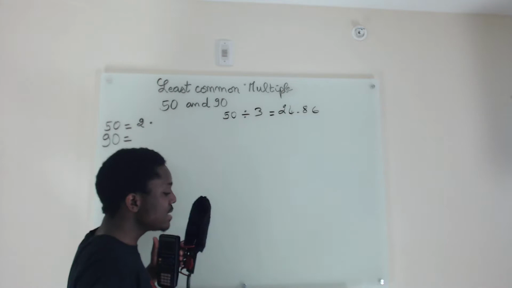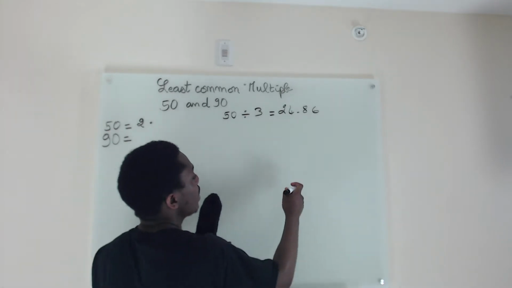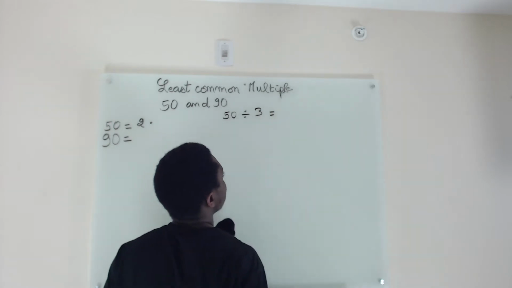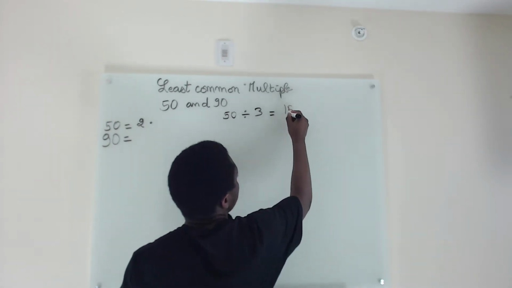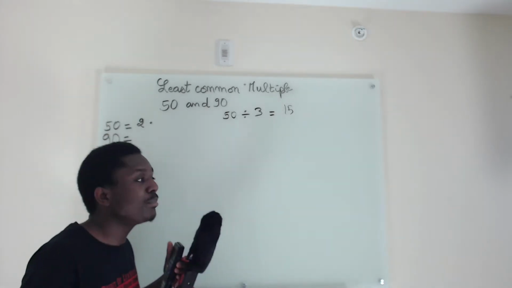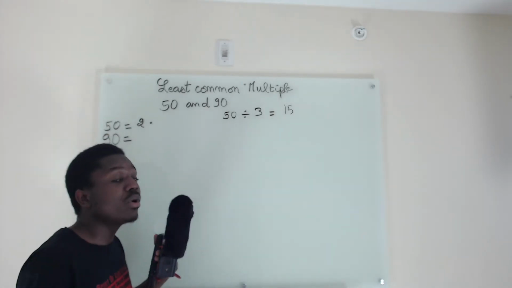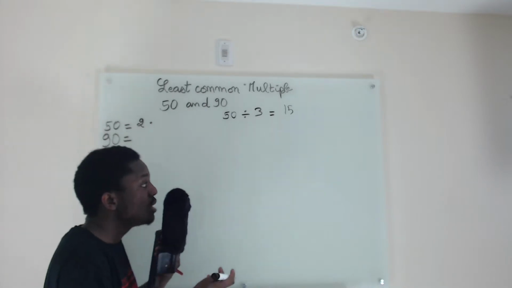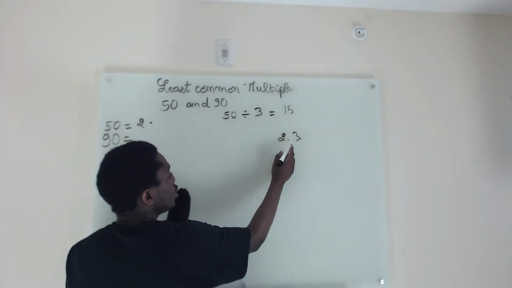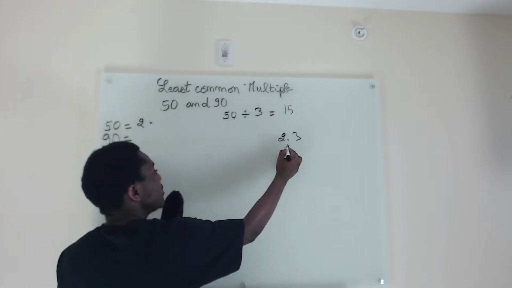Until I find a very nice number, such as 15, for example. Until I find a number that is not a decimal number, so basically a number that doesn't contain the decimal point. When you have a number like 2.3, the dot right here is the decimal point.